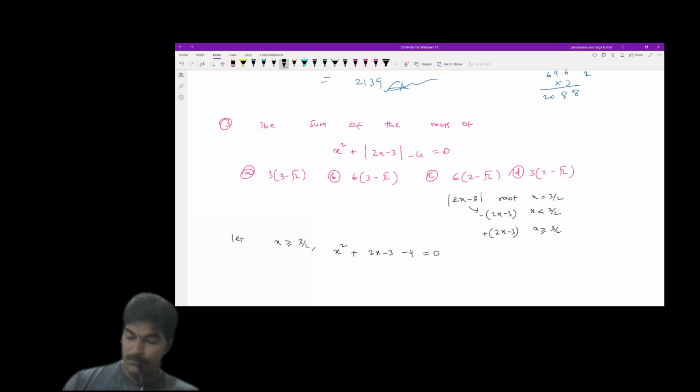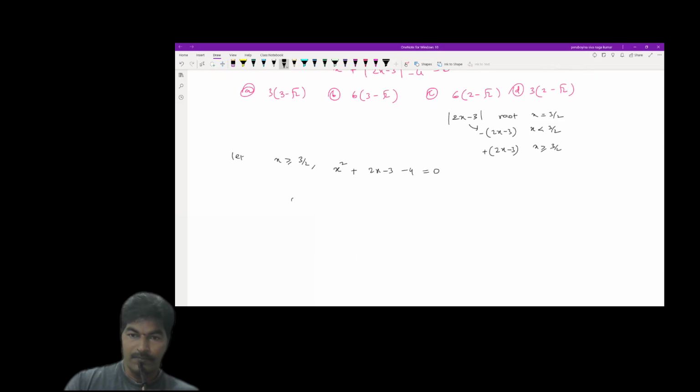Okay, now moving to solve this quadratic equation. So x square plus 2x, how much is it? It's a plus 3. Okay, minus 7, minus 7 equal to 0. So solve this equation.